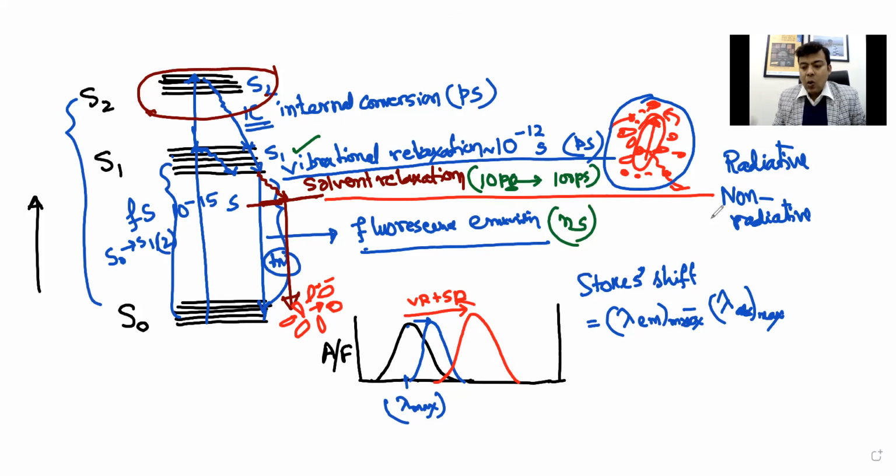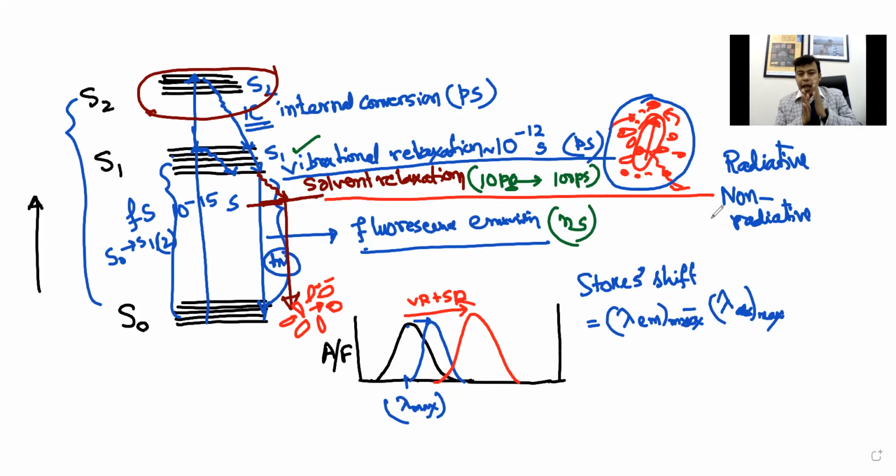Now, you've got two rate constants. It's like a chemical reaction. It is sort of what you call a parallel reaction, not really consecutive.